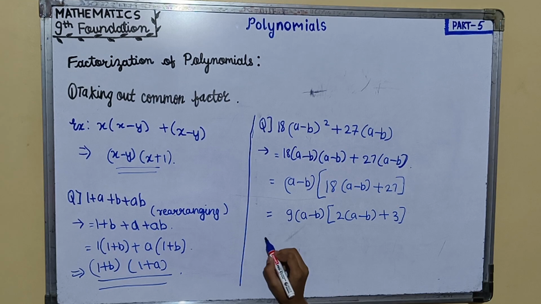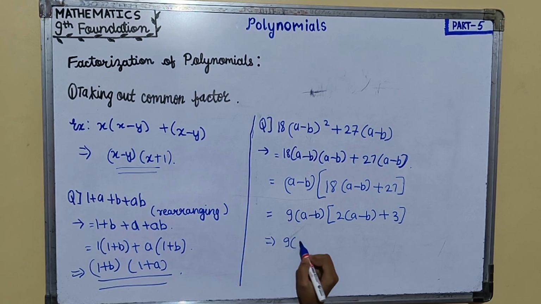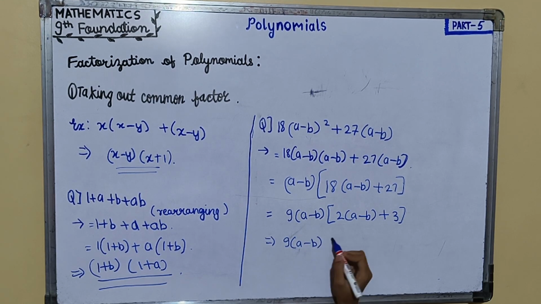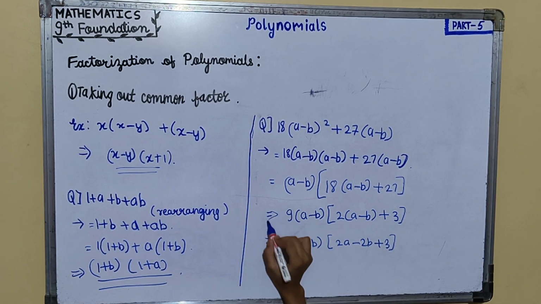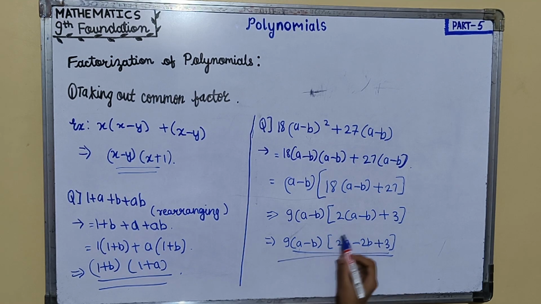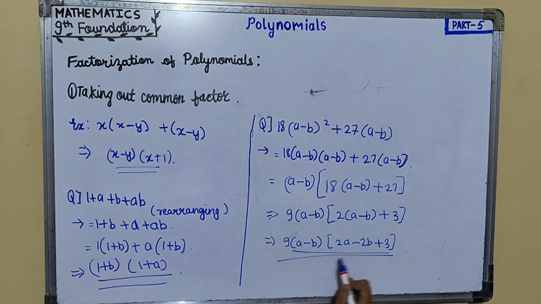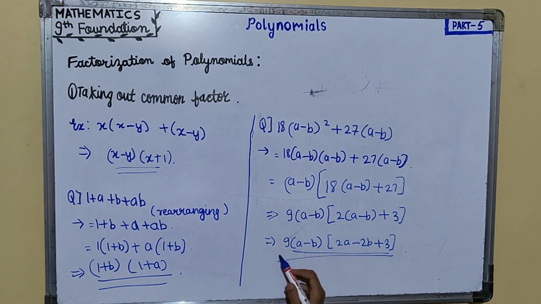So 9 in bracket a minus b in bracket 2a minus 2b plus 3, or this both are the correct answer. Means we can write in bracket also and we can remove the bracket also in the big bracket. So this is the answer. I hope you have understood.